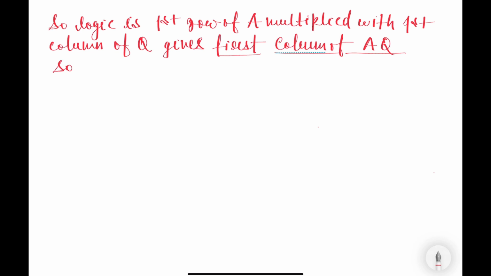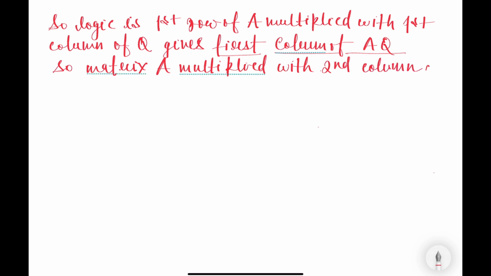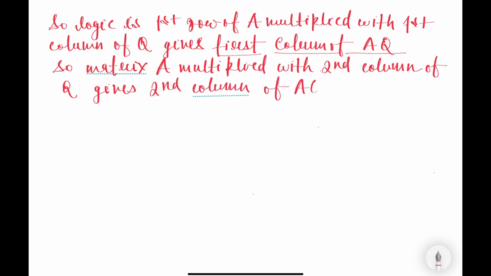Matrix A multiplied with the second column of Q gives the second column of AQ.